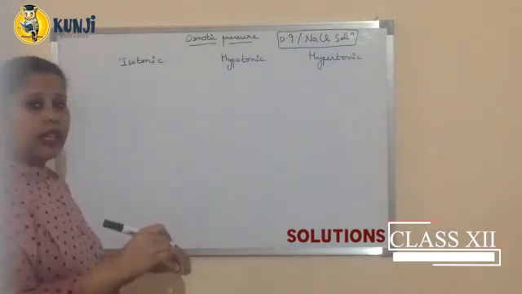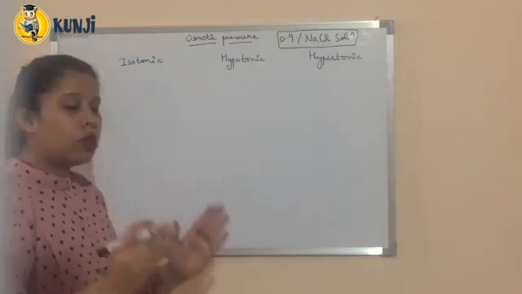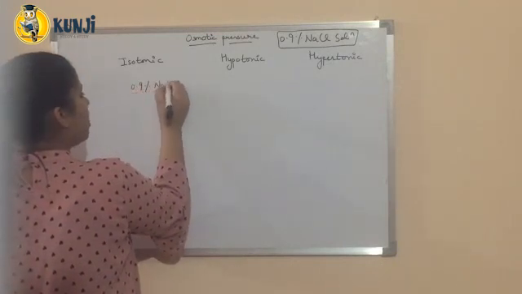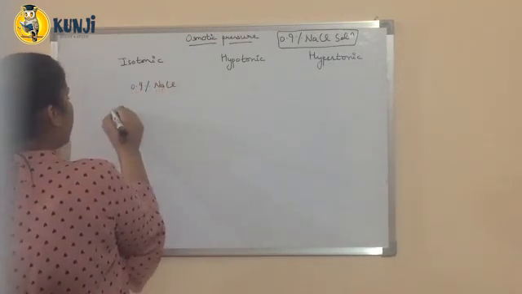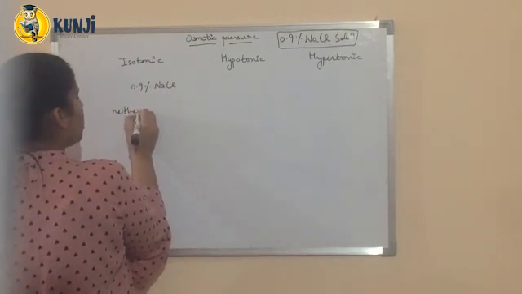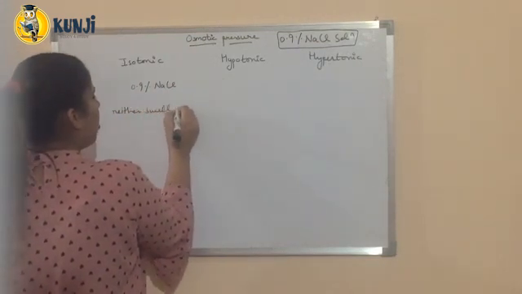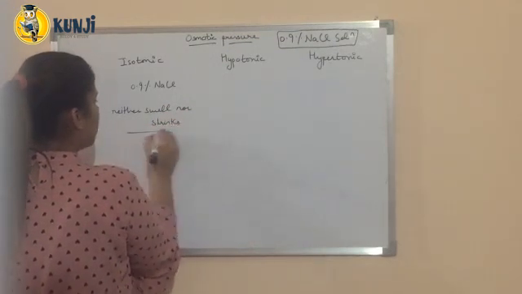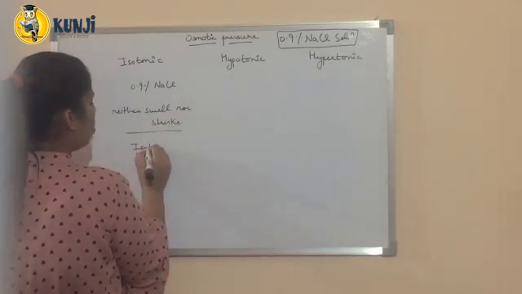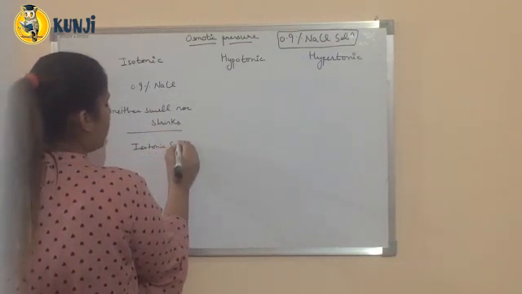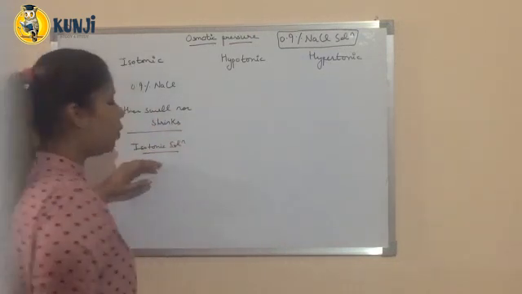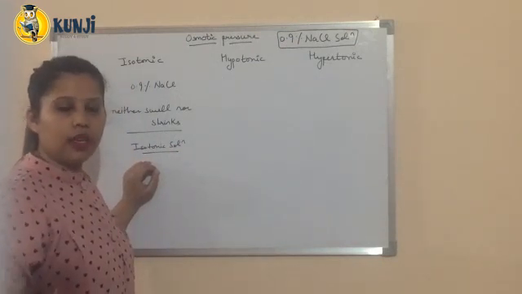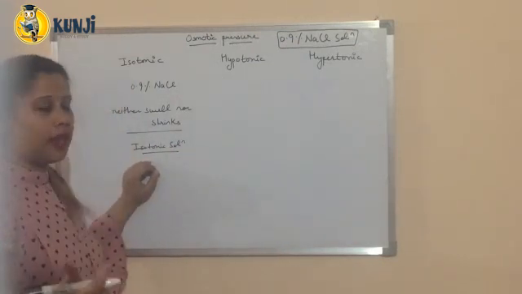So if you put the RBC in a solution containing 0.9% NaCl, it will neither swell nor shrink. This is known as an isotonic solution, in which the molar concentration inside and outside the membrane is the same or equivalent.